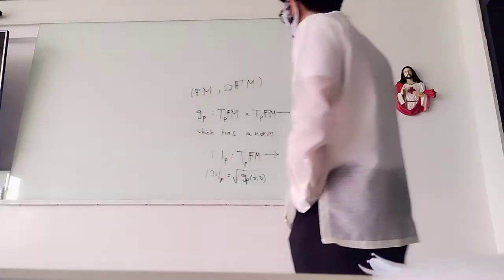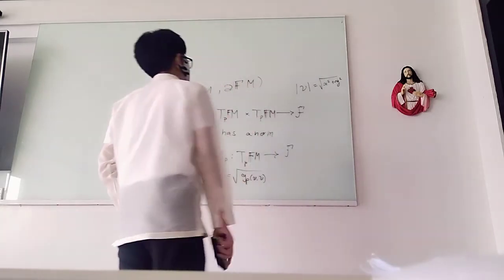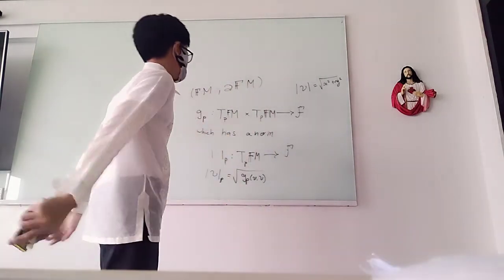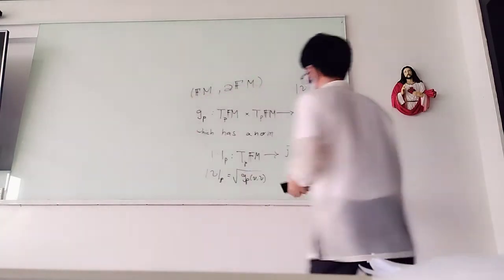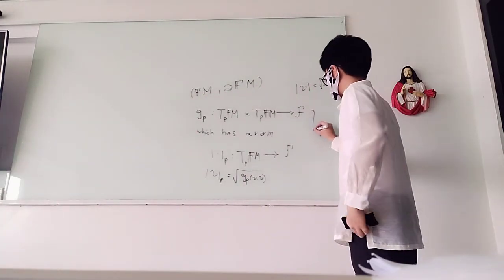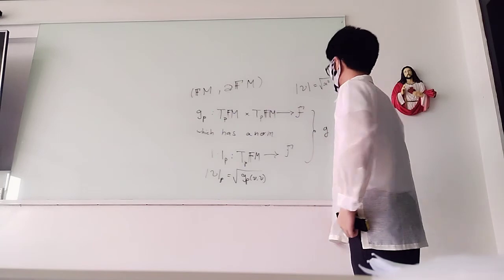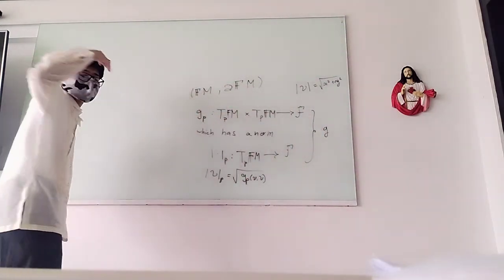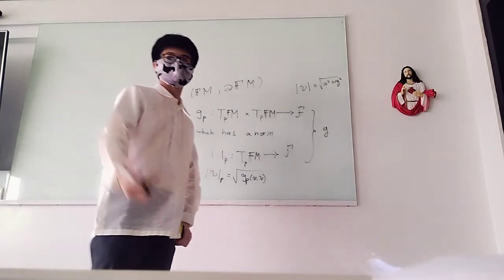And so now, just equip this Femboy manifold with this Riemannian metric. This entire thing is just denoted as G. Just equip G with this, and we have ourselves a FR-Manifold.